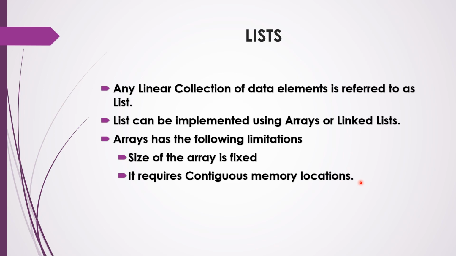It is not a scattered data structure. It is linear, which stores continuous data elements, and to access the elements it is enough if you know the starting address of the first element.